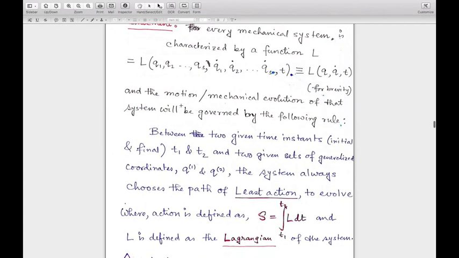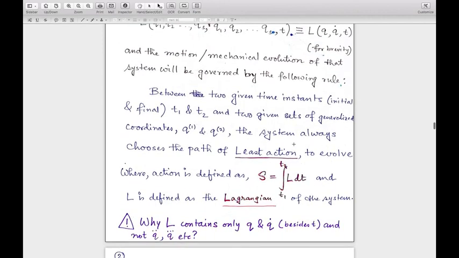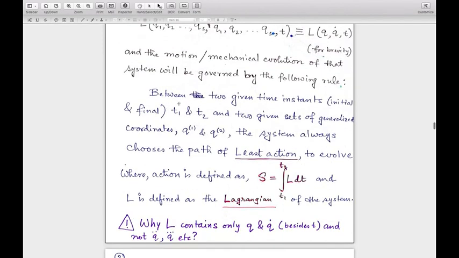For the mechanical system, L is defined, and the motion or mechanical evolution of that system will be governed by the following rule: between two given time instants, initial and final, t1 and t2, and two given sets of generalized coordinates, q1 and q2, the system always chooses the path of least action to evolve.